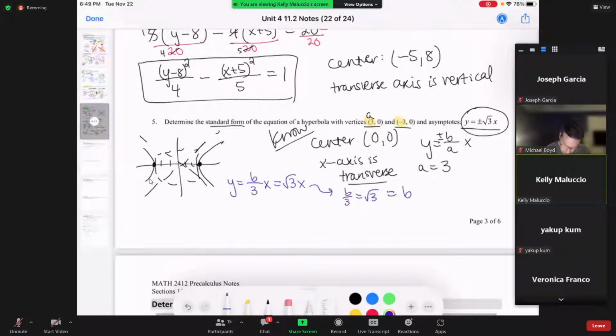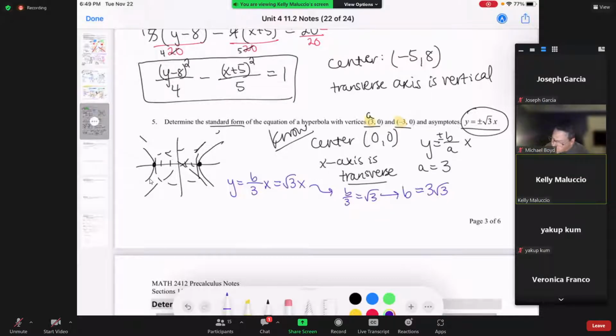This means that b is square root 3, or 3 root 3, right? Or it's the square root of 27 or something.